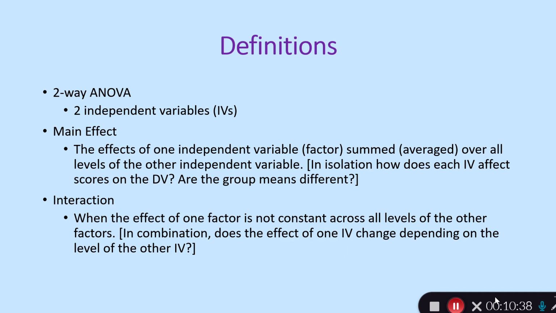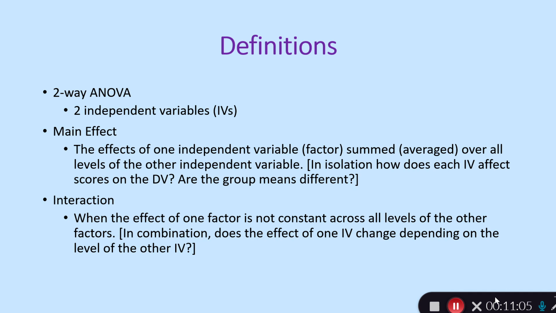Are the group means different for independent variable 1 and for independent variable 2 separately? So a main effect would be like ignoring the second independent variable and just looking at the effect of the first independent variable, which is similar to a one-way ANOVA design. And when we look at post-hoc testing or tests of simple effects, that will become a bit more apparent, I think.